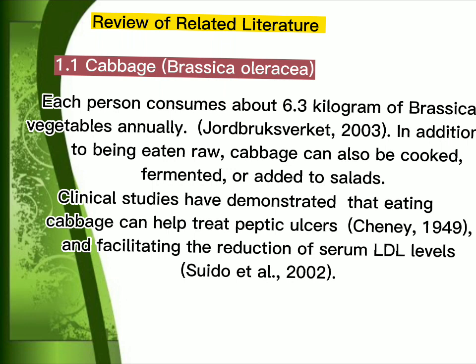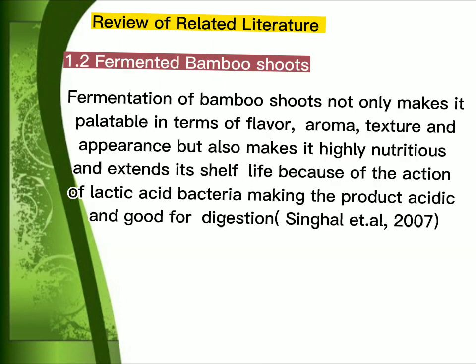Due to its antioxidant, anti-inflammatory, and antibacterial characteristics, cabbage is frequently used in traditional medicine to treat rheumatism, minor cuts and wounds, and gastrointestinal diseases like gastritis, peptic and duodenal ulcer, and irritable bowel syndrome.